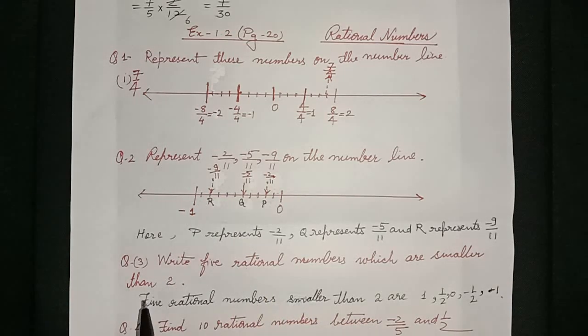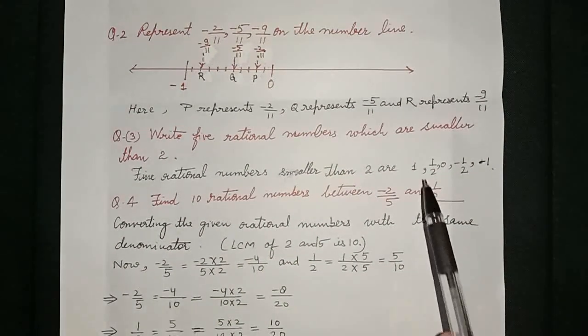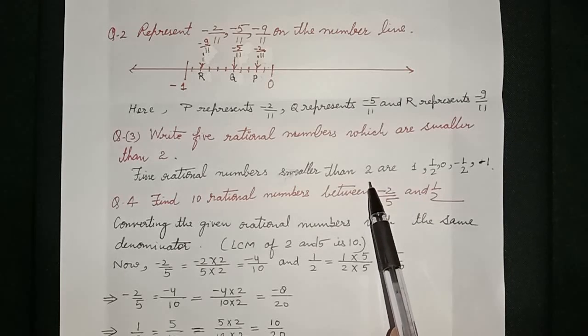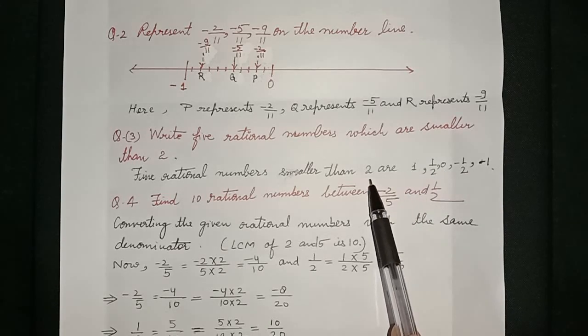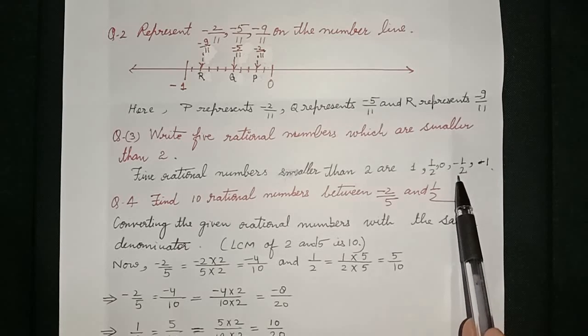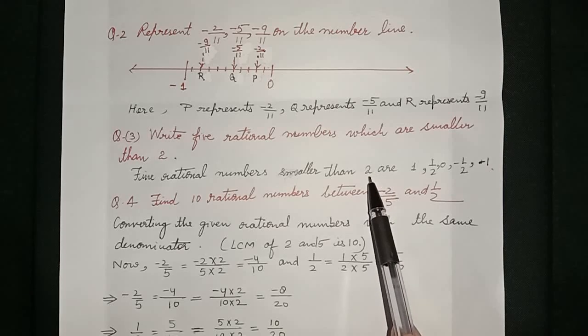Now, the third question. Write 5 rational numbers which are smaller than 2. The 5 rational numbers smaller than 2 are: 1 is smaller than 2, 1 by 2 is smaller than 2, 0 is also a rational number which is smaller than 2, minus 1 by 2 is smaller than 2, and minus 1 is also smaller than 2.